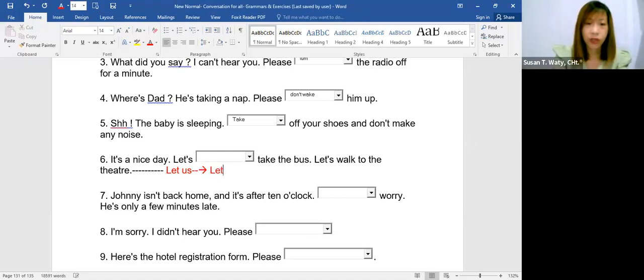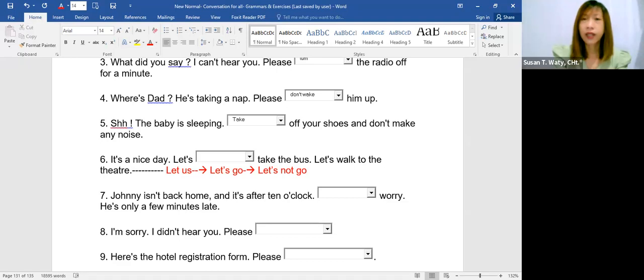Most of the time it's gonna be easy, let's go, like that. So for the negation of that, let's not go, like that. Okay, that's how we're gonna do it. Let's not go.